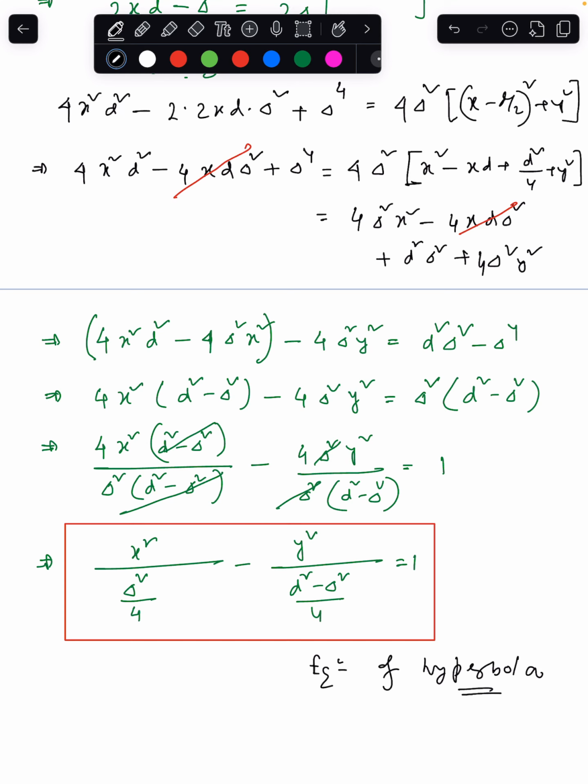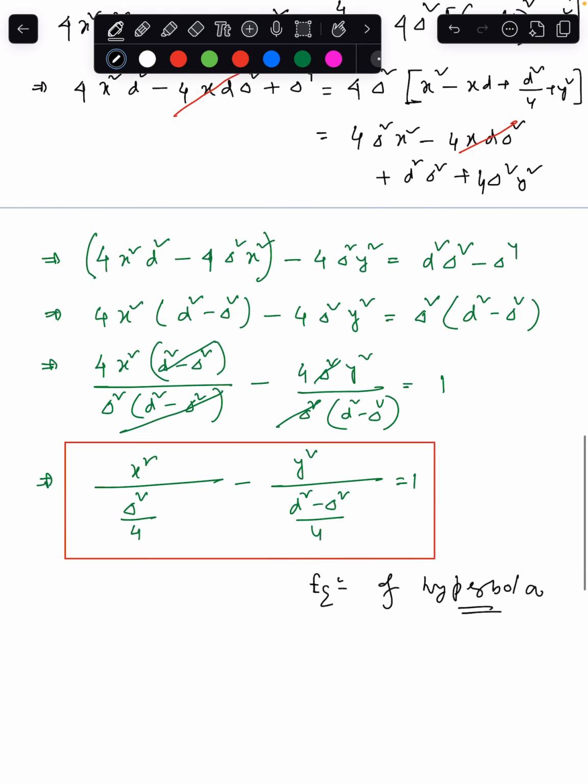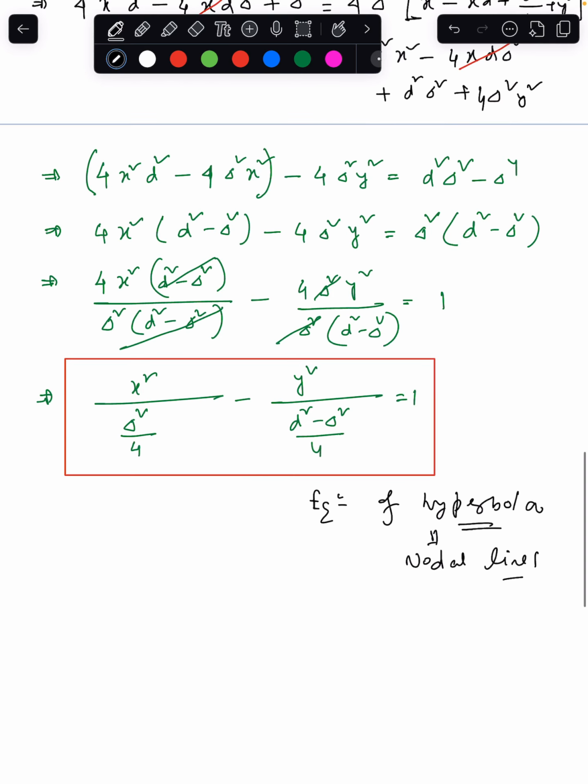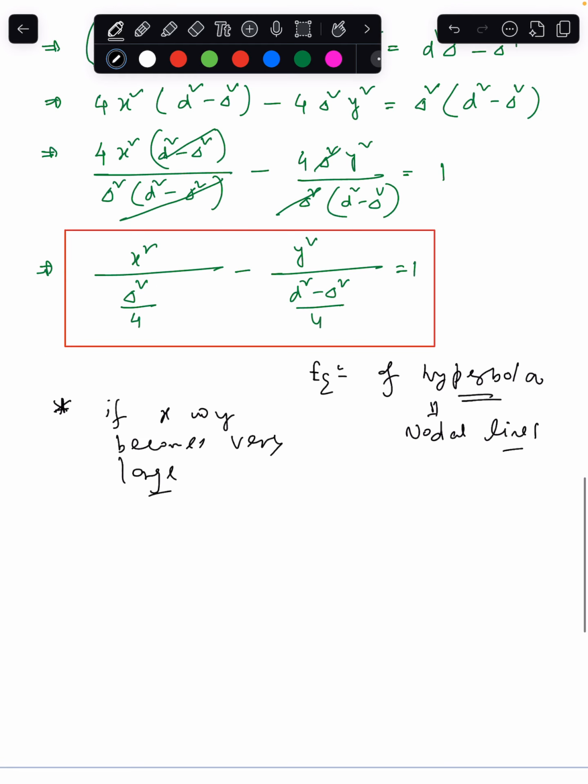So what is the equation for nodal lines? How will the nodal lines look? What is the shape of the nodal lines? The shape of the nodal lines will be a hyperbola, right? Not only that, if x and y become very large, then the same equation asymptotically will become how much?